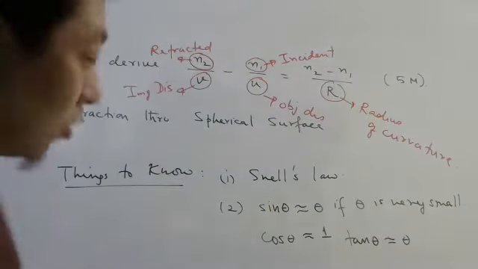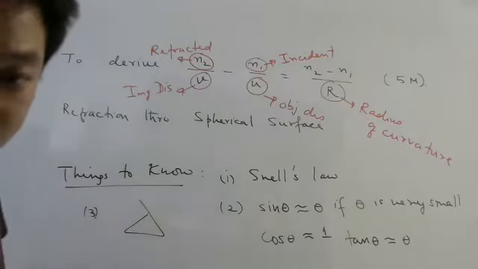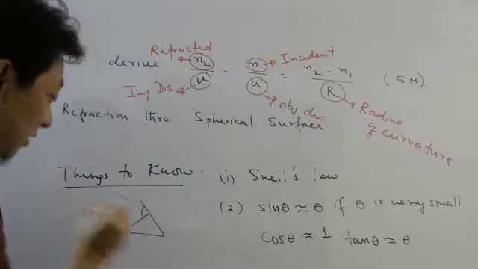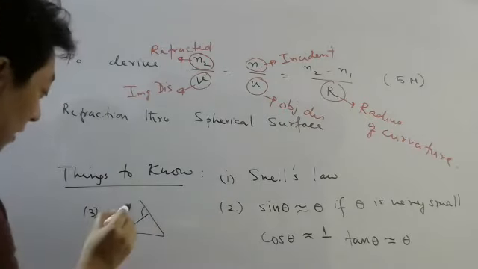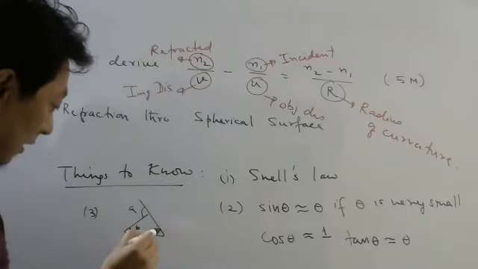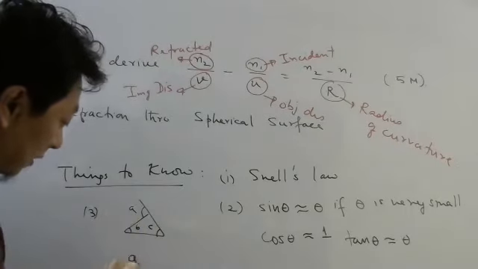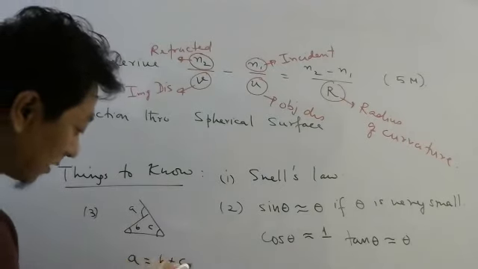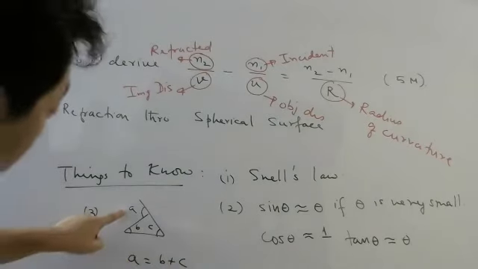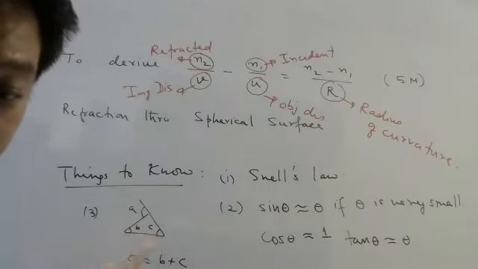So this you should know, and you should know that in a triangle, if this is your exterior angle, let's say this angle is A, this angle is B, this angle is C, then you must remember angle A is equal to angle B plus angle C. Okay, exterior angle is sum of opposite interior angles.